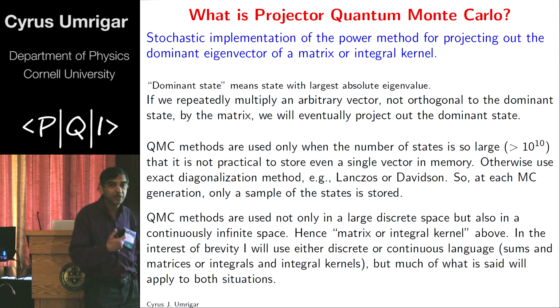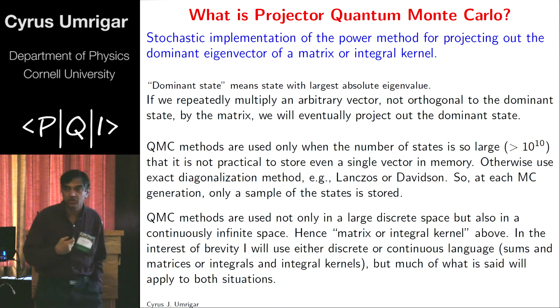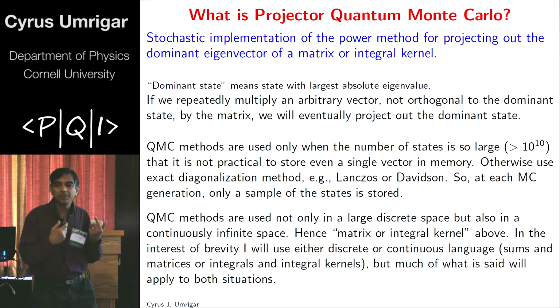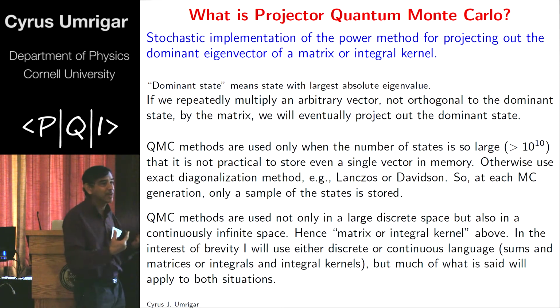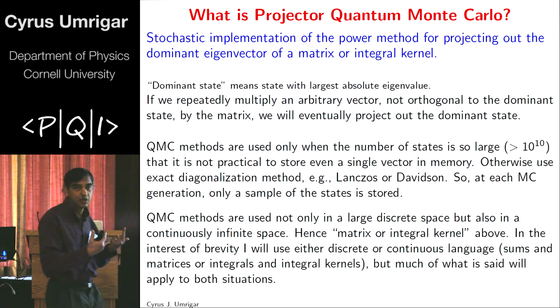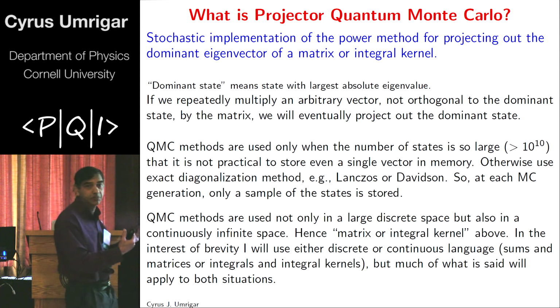If I have a matrix and I want to find the eigenvector corresponding to the largest in magnitude eigenvalue, then I can repeatedly multiply an arbitrary vector by the matrix. Each time I do the multiplication, the eigenvector corresponding to the largest in magnitude eigenvalue gets multiplied by the largest number. So if I do that many times, I'm left with the eigenvector that I want. Okay, so that's the deterministic power method.